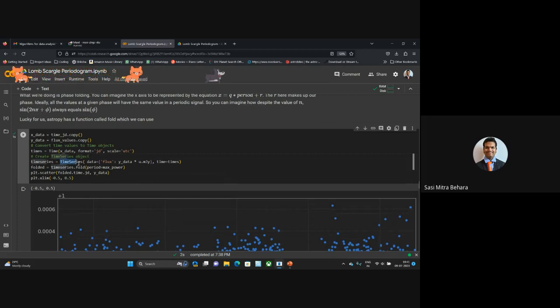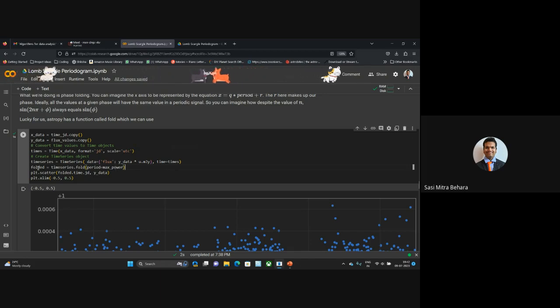The function fold that I mentioned is a specific function of the time series. Since we are dealing with time series data, let's create a time series object, and we tell it that the data is the flux in millijansky. The unit doesn't really matter. We have flux in millijansky, and we are giving the time as all the time values.